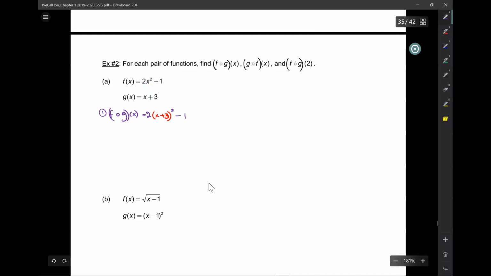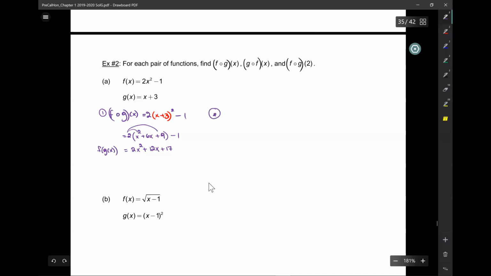That's f of g of x. When I simplify, I get 2 times x squared plus 6x plus 9 minus 1. This is equal to 2x squared plus 12x plus 18 minus 1 is plus 17. So that's f of g of x.